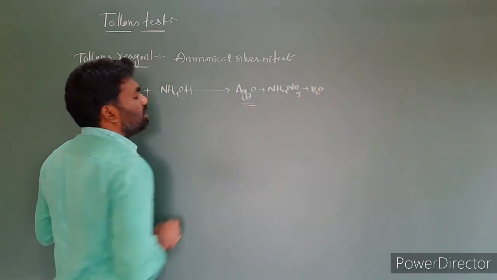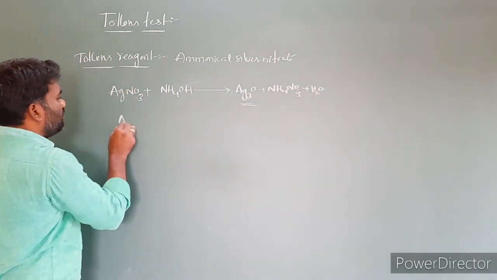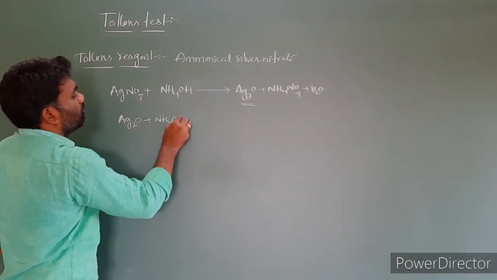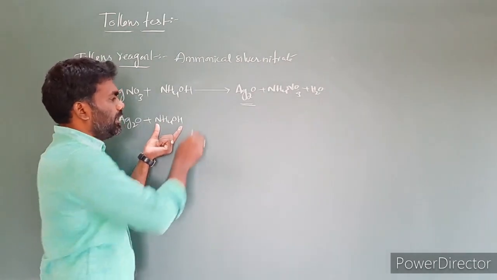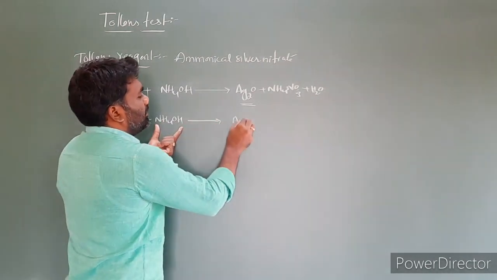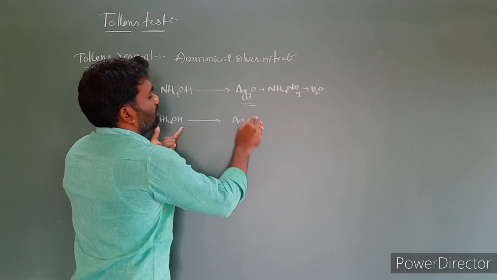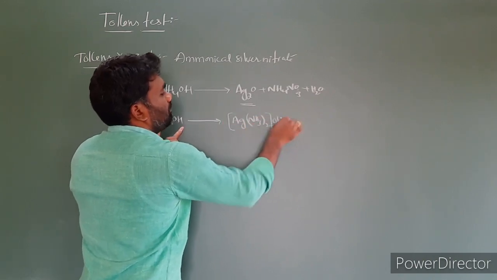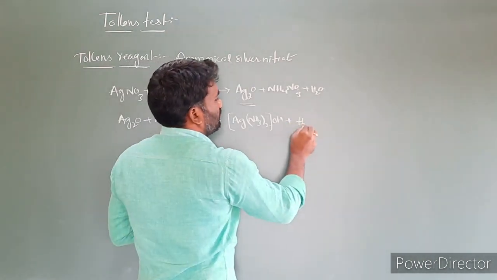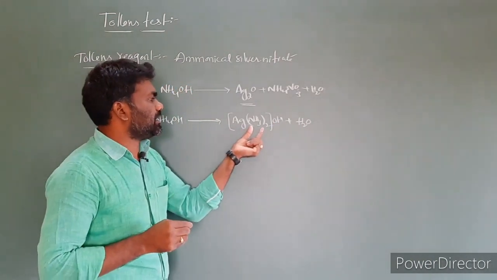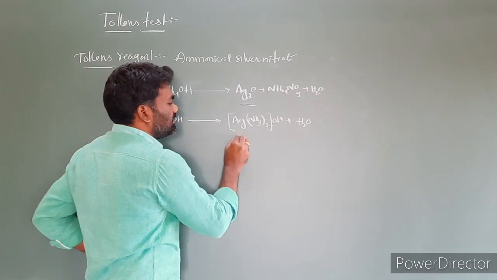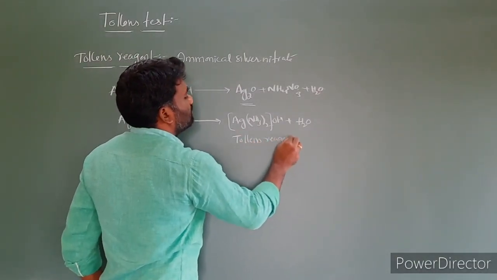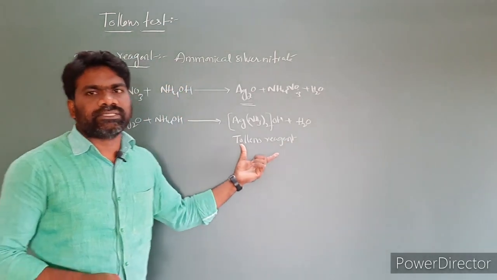The Ag2O formed in this reaction further reacts with one more molecule of NH4OH, ammonium hydroxide. Then the product is Ag(NH3)2OH plus water. This Ag(NH3)2OH reagent is called the Tollens reagent.